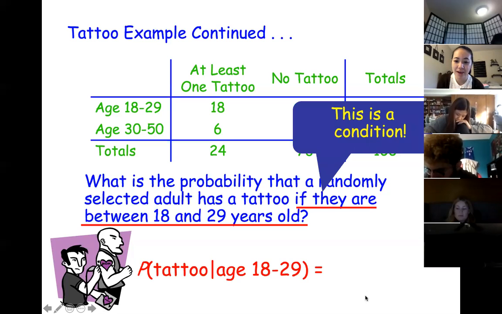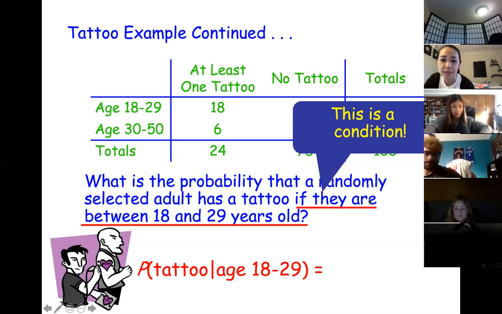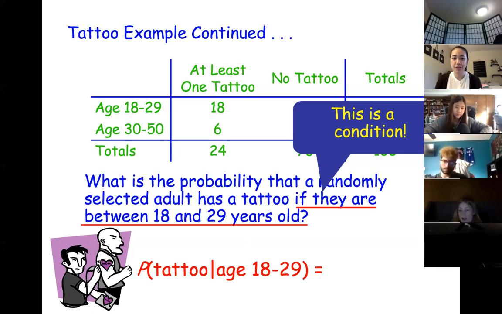If I want to find that, you can use your formula. You could also just pull out the numbers from the chart. We'll just go ahead and use the chart since it's pretty clearly given to us right now. I'm going to look at the number of people that are between 18 and 29 and have a tattoo. This is my numerator in my formula. So Angelus, how many people have a tattoo and are between 18 and 29? 18.